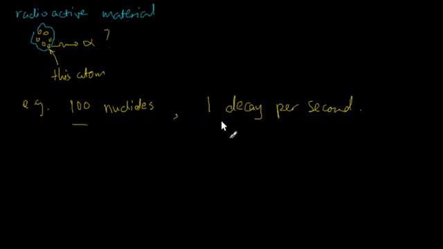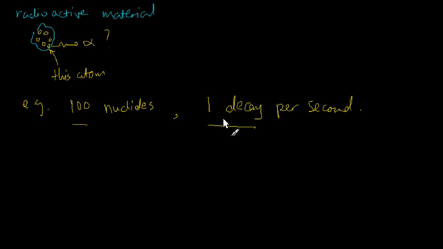But one thing that is not so random is this average rate of decay or the activity, and that is fairly constant. So if it's one decay per second for say 100 nuclides, then one of them would most probably decay, would be very likely to decay, even if you don't know which one.